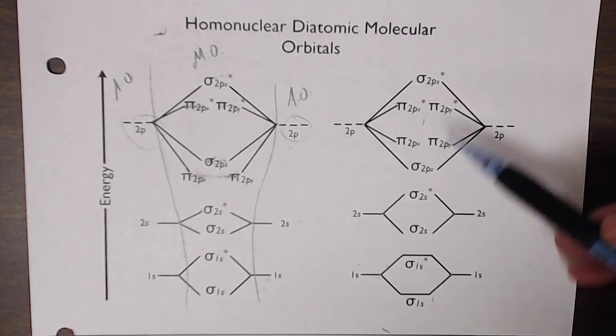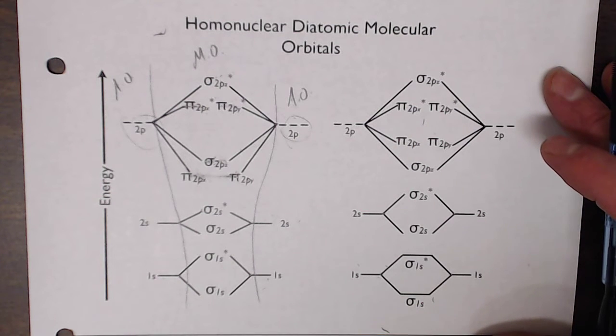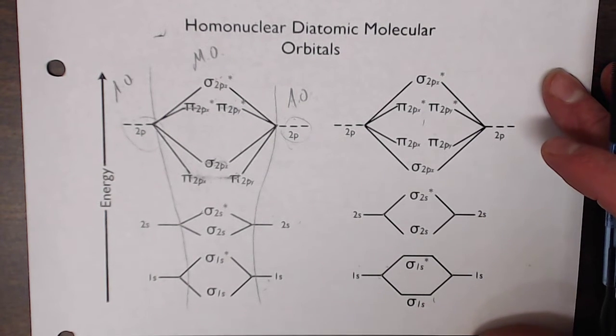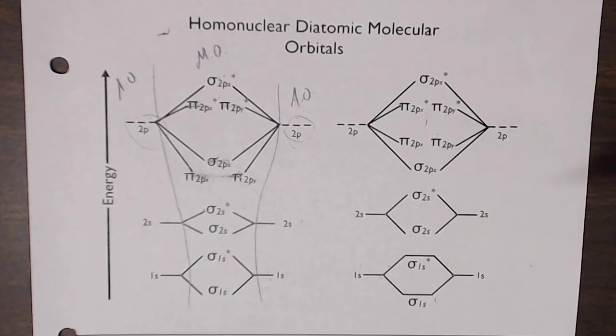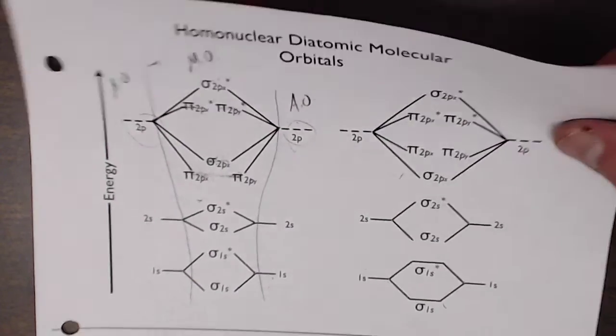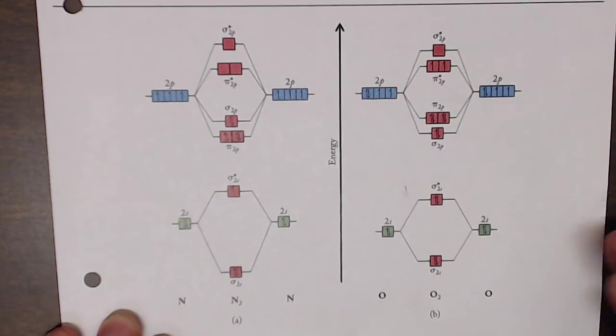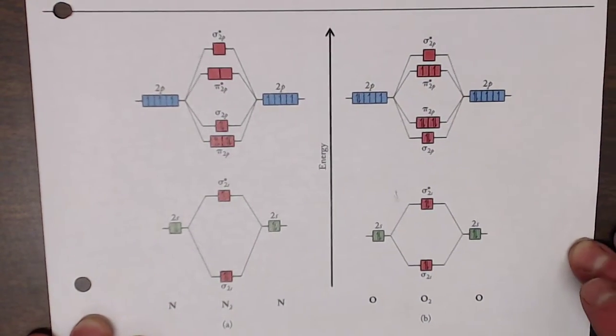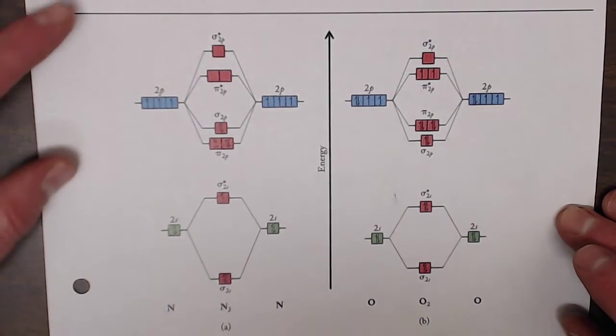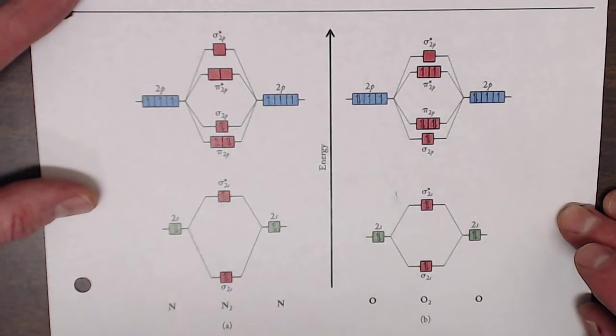And there's a real easy position on the periodic table to know where this happens. And I won't expect you guys to know this in too great of detail, but if we look at the examples of N2 and O2, we can begin to see where this switching arises from.